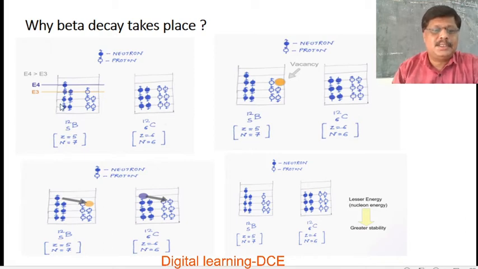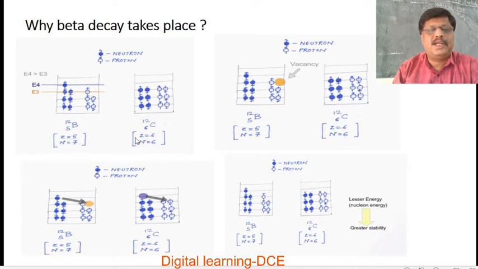In this case, this boron becomes carbon-12 by emitting the beta particle. Here the number of neutrons is 7, here the number of neutrons is 6. In this boron atom, the number of neutrons is greater compared to carbon. So that is why this neutron decays to a proton.